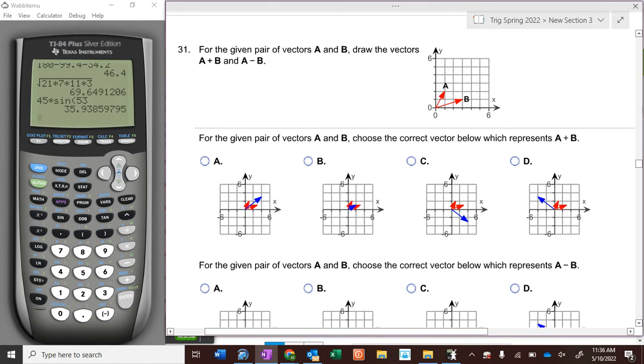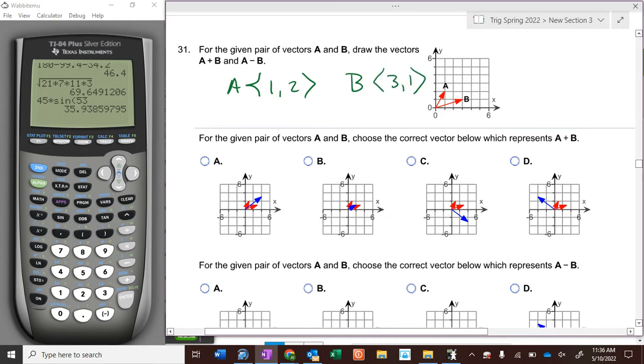All right, 31, vectors. Vector A is at 1, 2. Vector B is at 3, 1.